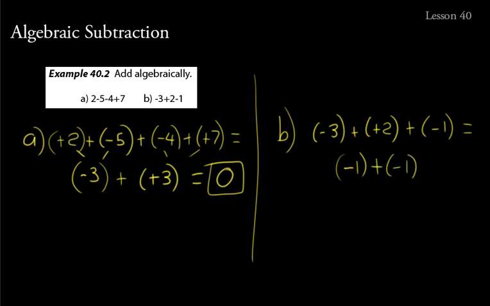So that's left 1 and then 1 again. That would be a minus 2 for the answer. Okay. Eventually, you're going to see that you don't always have to group things like this, but it does help. It does help you think things through and think about the sign that each number has.